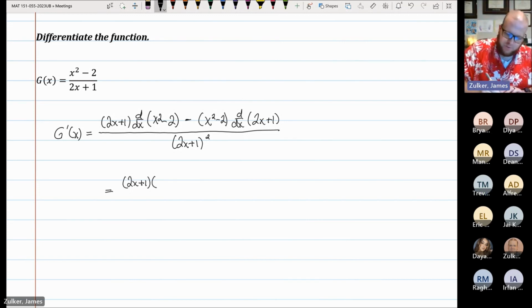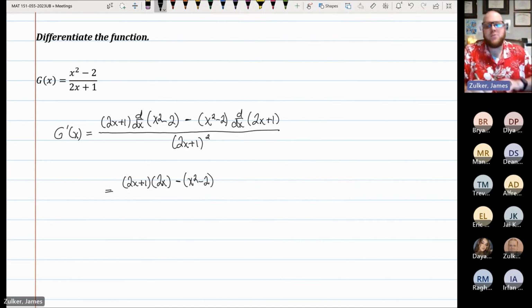It's just 2x, right? Right. Now minus x squared minus 2 times the derivative of 2x plus 1, which is what? Just 2.